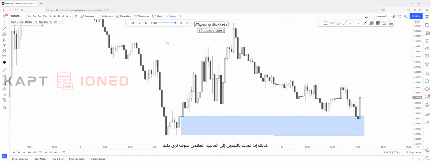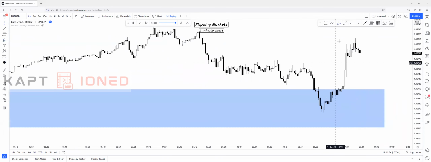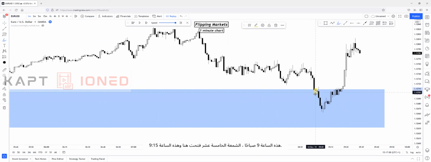So if I switch to the 1-minute chart, you will see that this is 9 a.m., the 15-minute candle opened here, and this is 9:15, it closed here. So on the 1-minute, as you can see, we have 15 candles, and those 15 candles just broke the structure and started a pullback. So if we only trade the 1-minute chart, that's the importance of trading correlated timeframes.